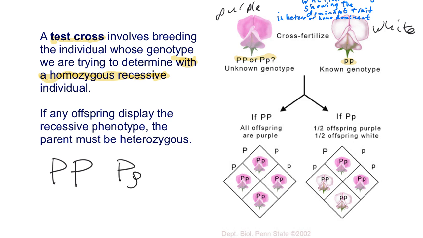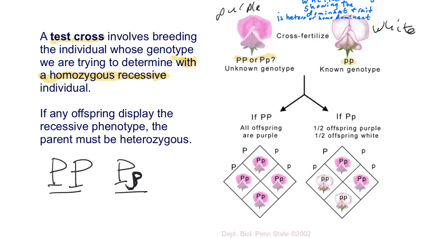Would you be able to tell phenotypically the difference between a homozygous dominant and a heterozygous?